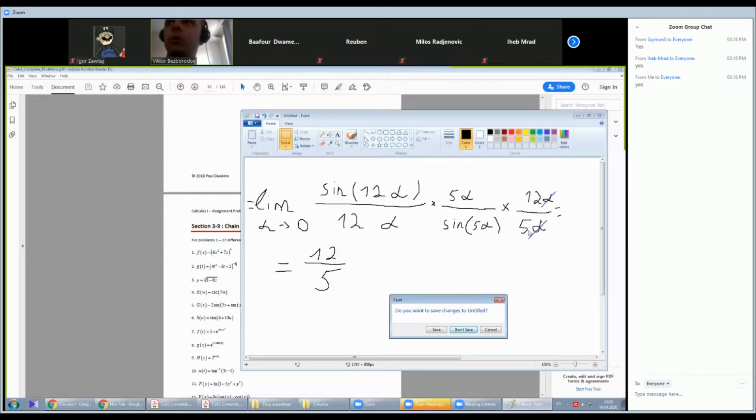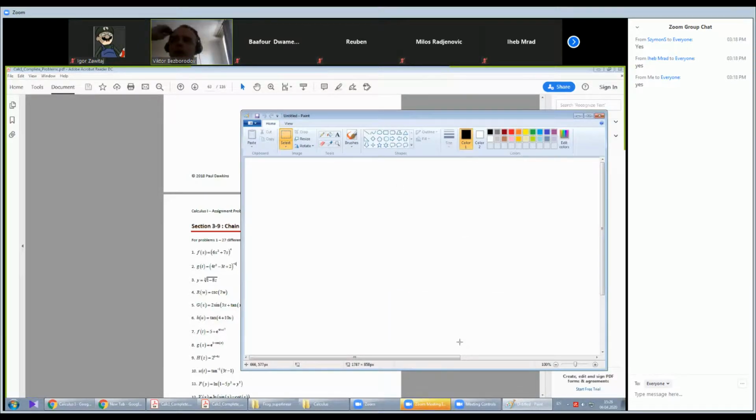If you have any questions, you can ask about this limit, but I hope it should be fine. Okay, then I remove it. Please write in chat your student ID number, so as to mark your presence. The chat is saved automatically.